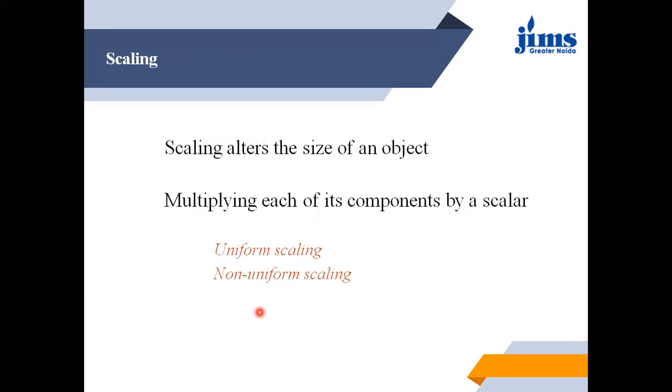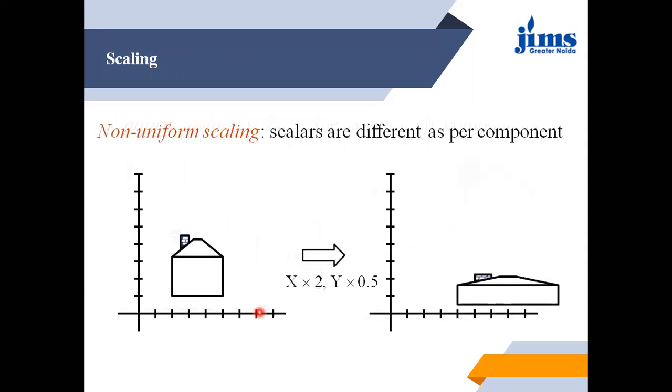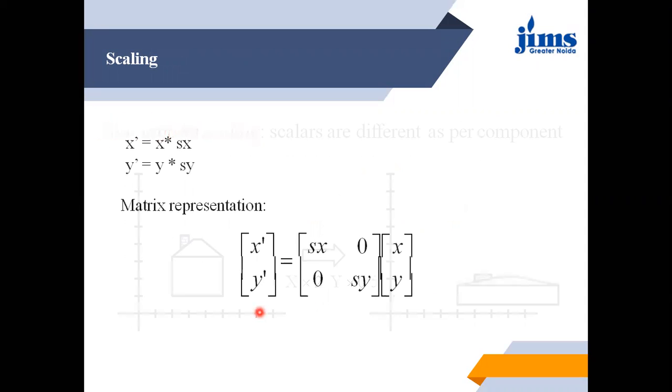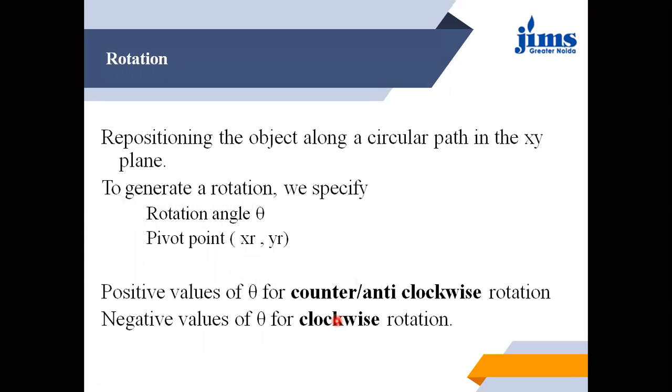And in scaling, two types, uniform scaling and non-uniform scaling. So in this, we have to multiply the scaling matrix, that is Sx 0 and 0 Sy. So today, let us start the rotation.